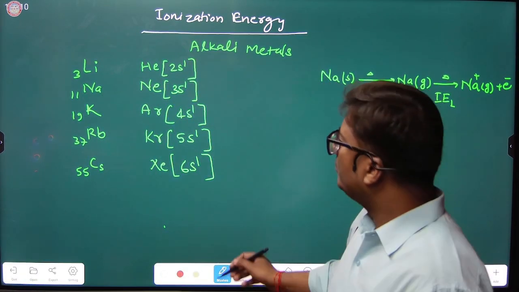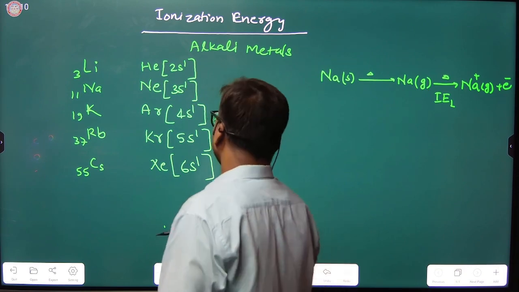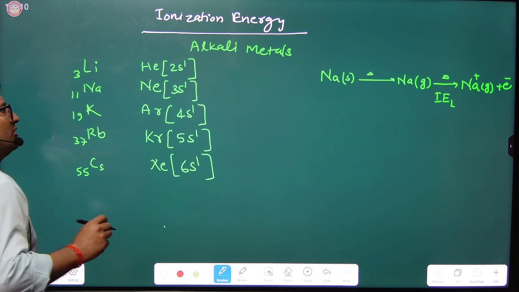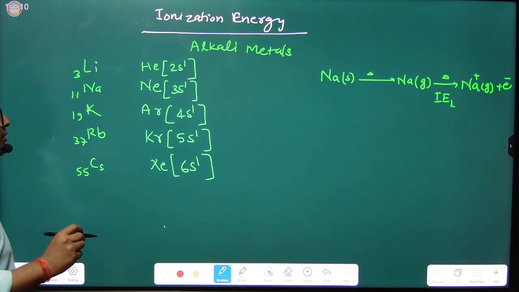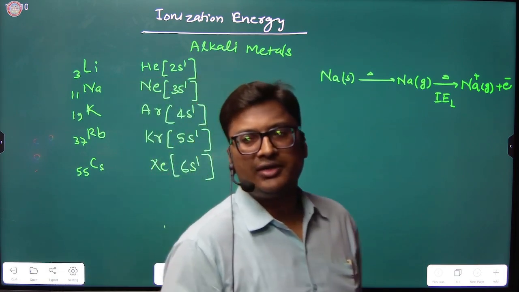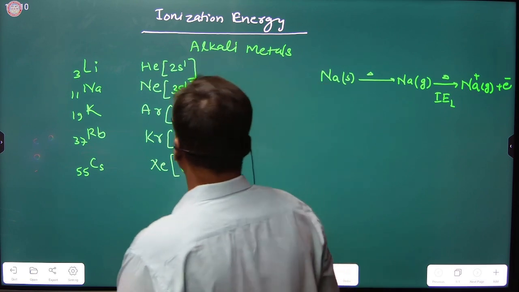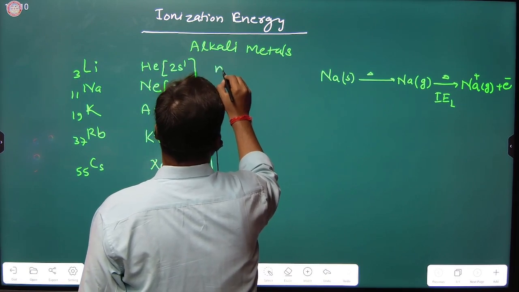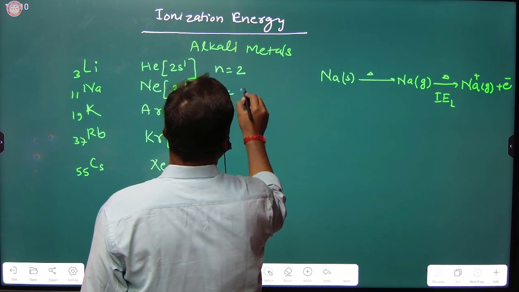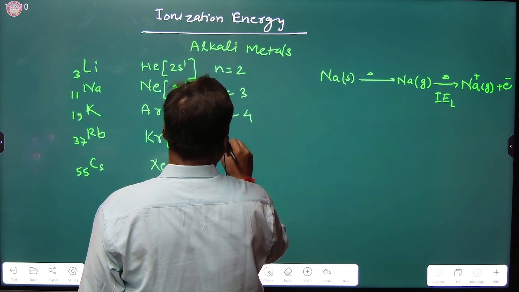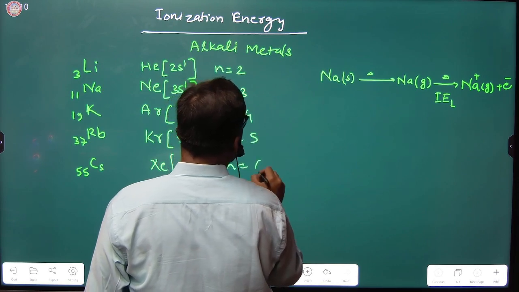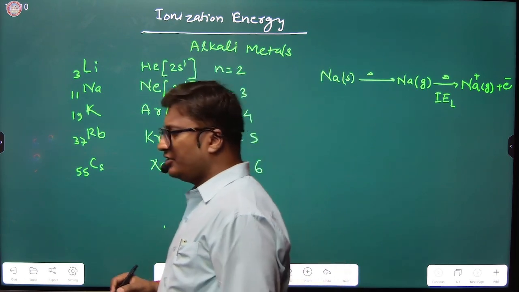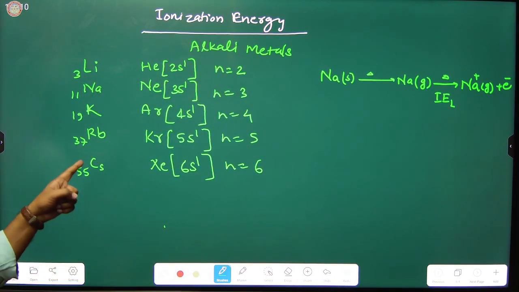What you are observing here is that there is always an increase of shells because of the principal quantum number. The principal quantum number n is equal to 2, 3, 4, 5 and 6, so it increases from 2 to 6.